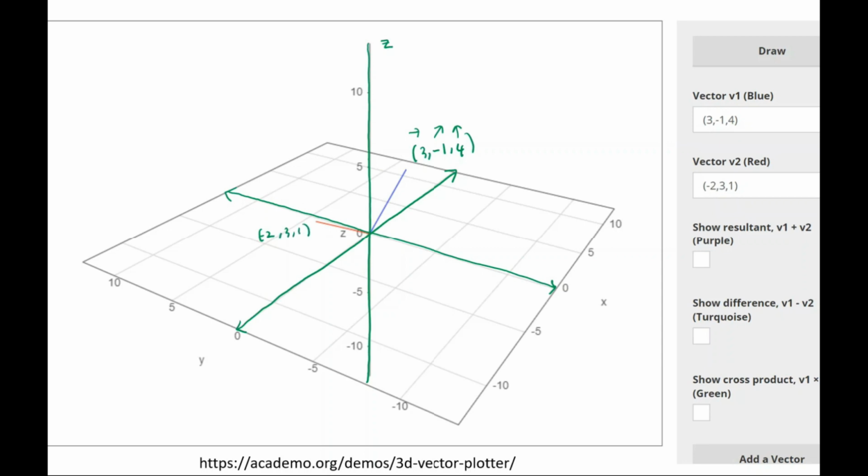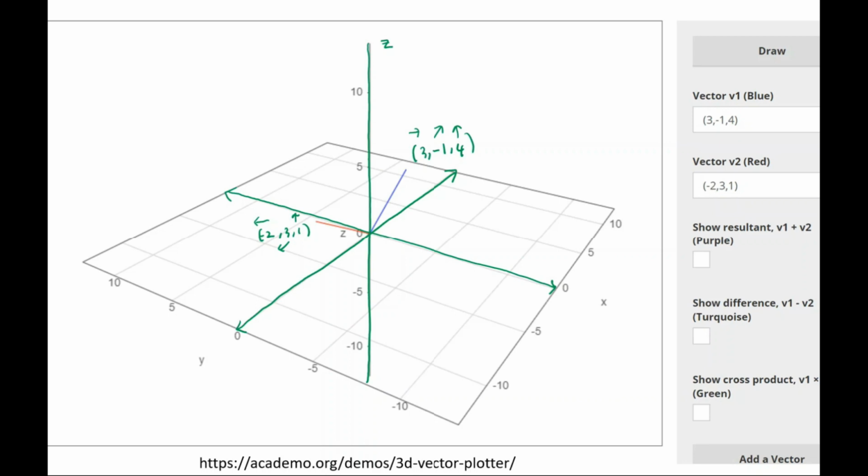So the direction is at the left side, and then 3 is the positive side for y, and then 1 is also upward for z, positive.